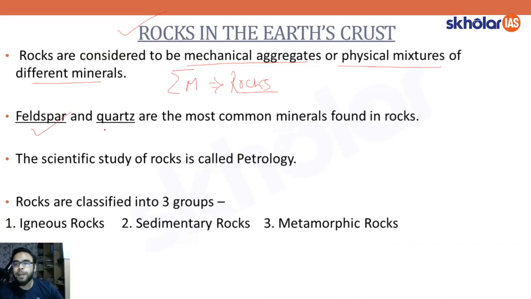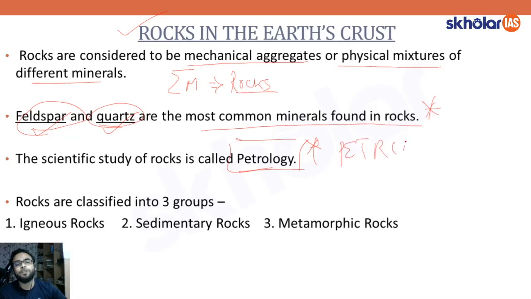Feldspar and quartz are the minerals which are most commonly found in the rocks. So in the rocks, which are the 2 most commonly found minerals? These are feldspar and quartz. The scientific study of rocks is called petrology. Okay, remember this term.